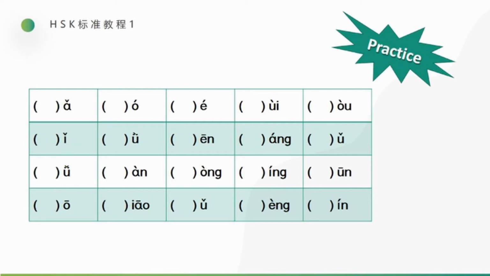So next please write the 声母 you hear. Here I will read a pinyin. Please write the 声母 you hear. Okay. Are you ready? First one. 把. Very good. It's much easier. 把. Okay, next. 婆. Good.